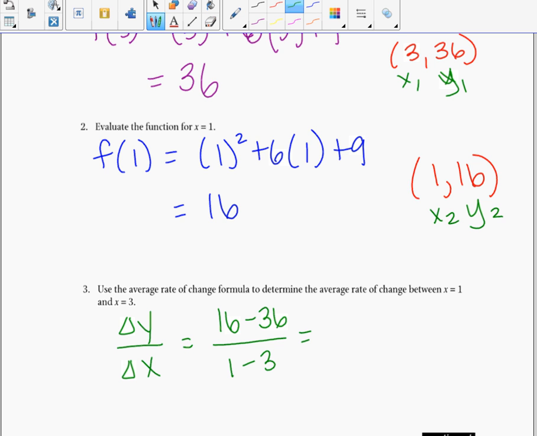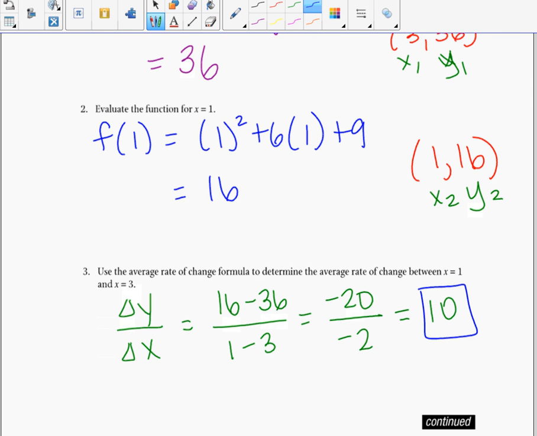And obviously, if you had determined that those points were opposites with x1 and y1 and x2 and y2, that would be fine. You should come up with the same answer no matter what. So you end up with negative 20 divided by negative 2. Negative 20 divided by negative 2 is 10. So your average rate of change between x equals 1 and x equals 3 is 10. Okay.